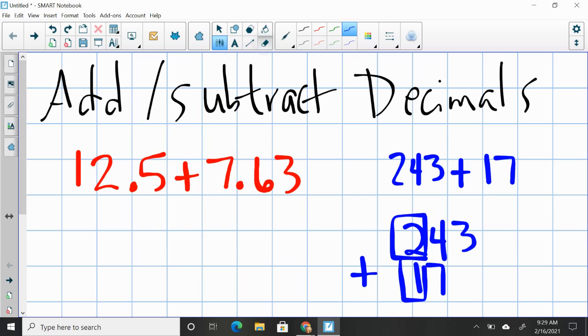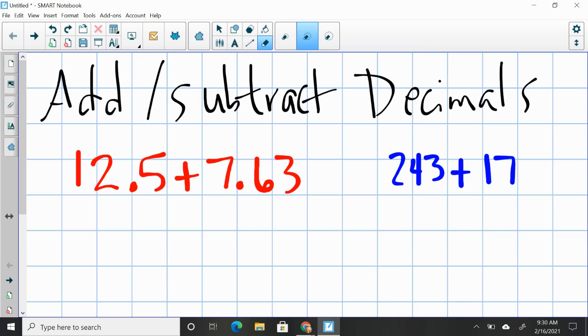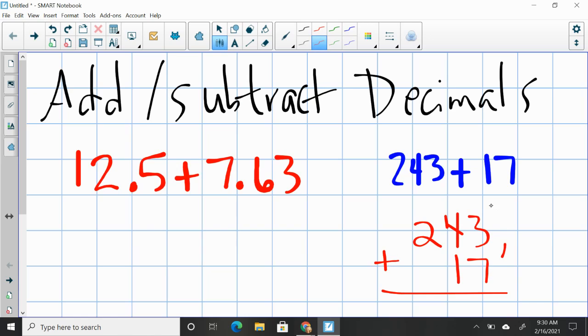So that is not how we add and subtract whole numbers. We have to make sure that our numbers are lined up according to place value. So we line it up like this, 243 plus 17. So I've got my ones with my ones, my tens with my tens, and so on and so forth.